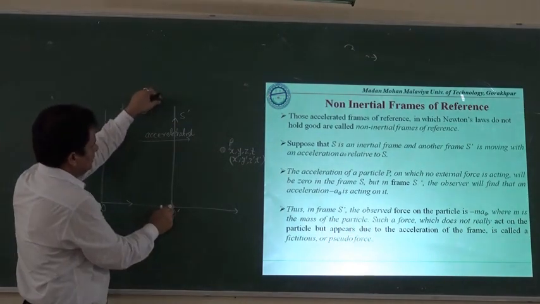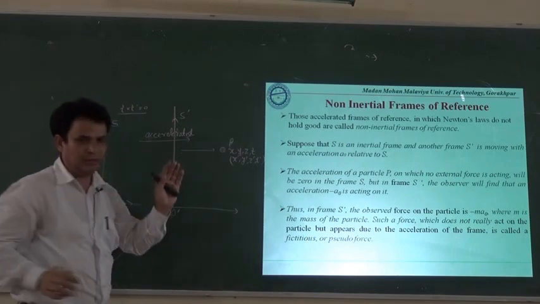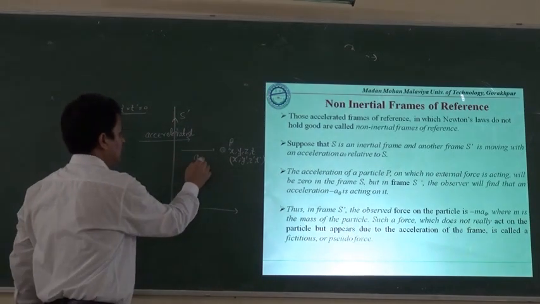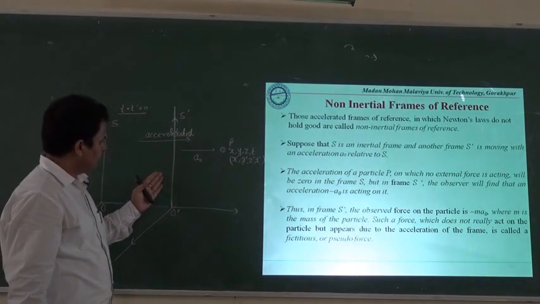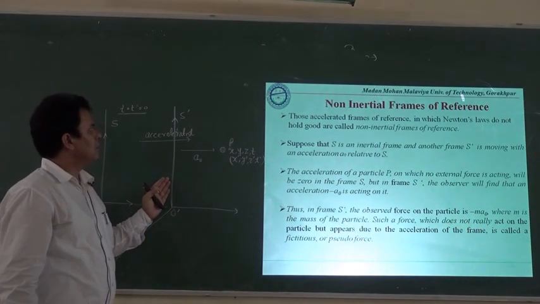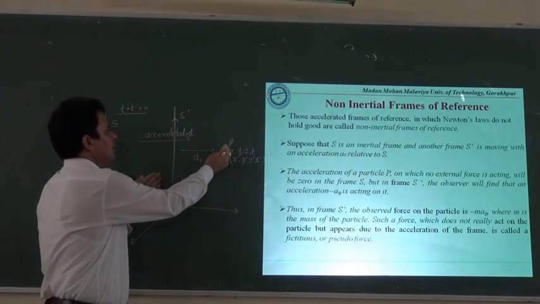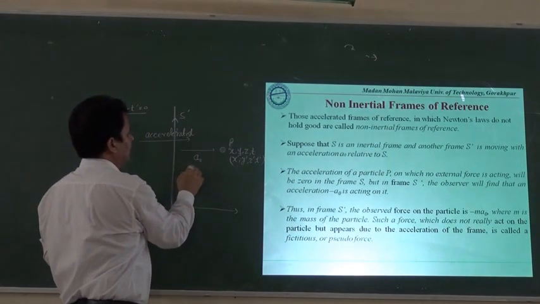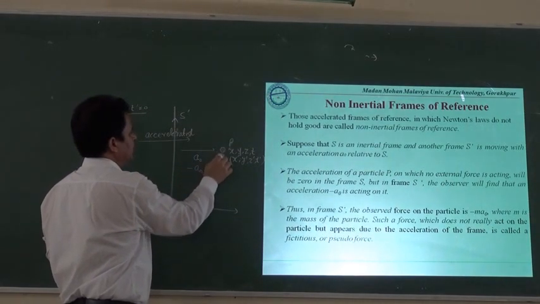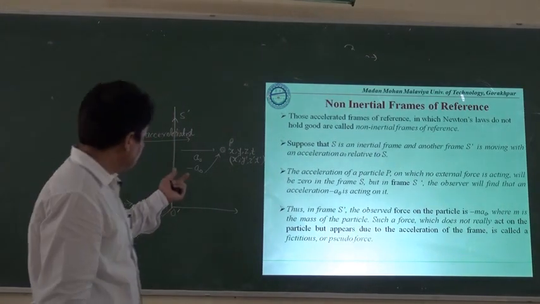Either this frame of reference is approaching this particle with a particular acceleration, let that acceleration be a0, or, if we say this frame of reference is fixed, then this particle appears to move in this direction, and minus a0 will be experienced by this particle P.